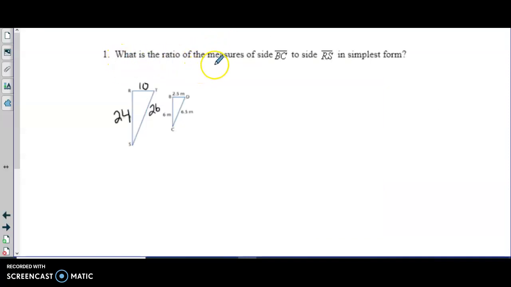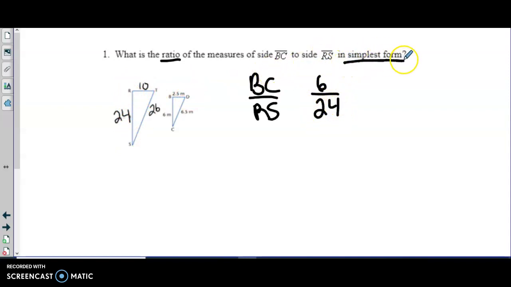What is the ratio of the measure of side BC to side RS in simplest form? All right, so we want to do BC over RS. Remember, whenever it gives you a ratio, you can set it up as a fraction. So BC is 6, RS is 24, and it wants this in simplest form. So you have to reduce the fraction.